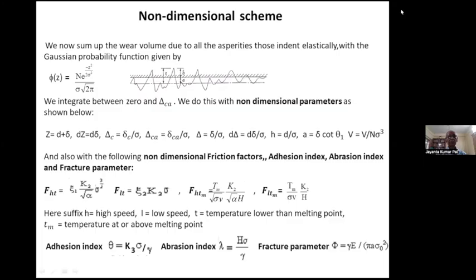Therefore, capital delta Ca is equal to small delta Ca divided by sigma. Capital delta is equal to small delta by sigma.